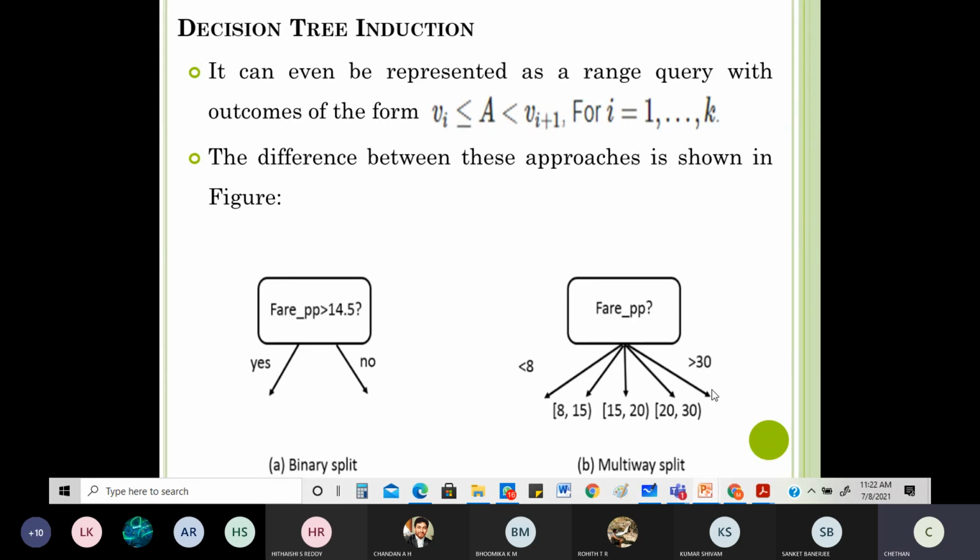Then you were told about the 4 points. Then you were told that they can be split in different ways: a binary split, a basic split, or a multi-way split, which is a larger split. So 4 types of attributes and 2 types of splits, everything is explained.